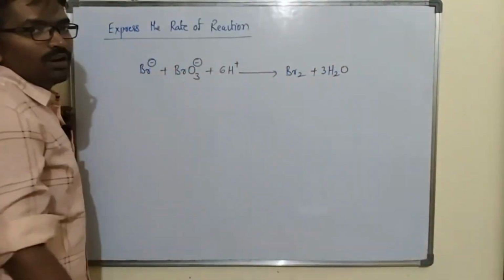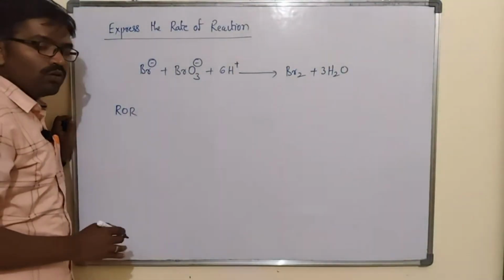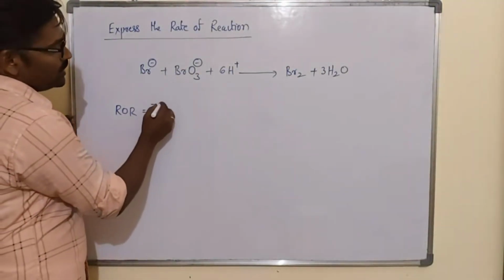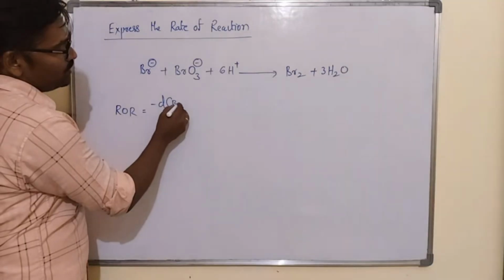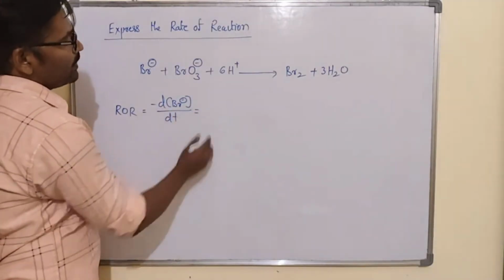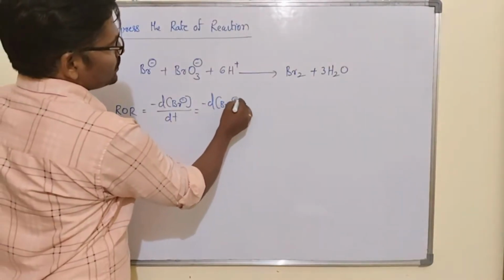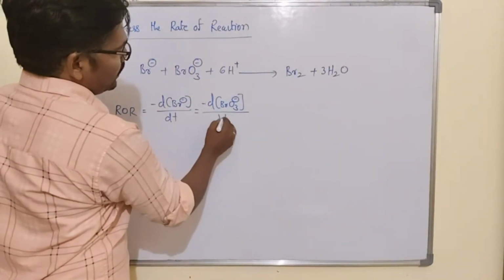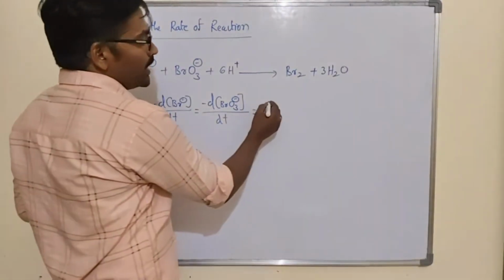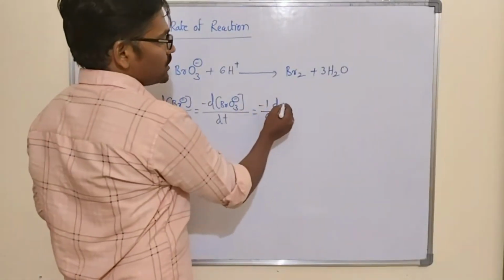How do we represent the rate of reaction? So rate of reaction depends upon the stoichiometric coefficient, right? So rate of reaction equals to minus dBr minus divided by dt equals to minus dBrO3 minus divided by dt. It is equals to minus 1 by 6 you have to take, depends upon the stoichiometric coefficient, right?